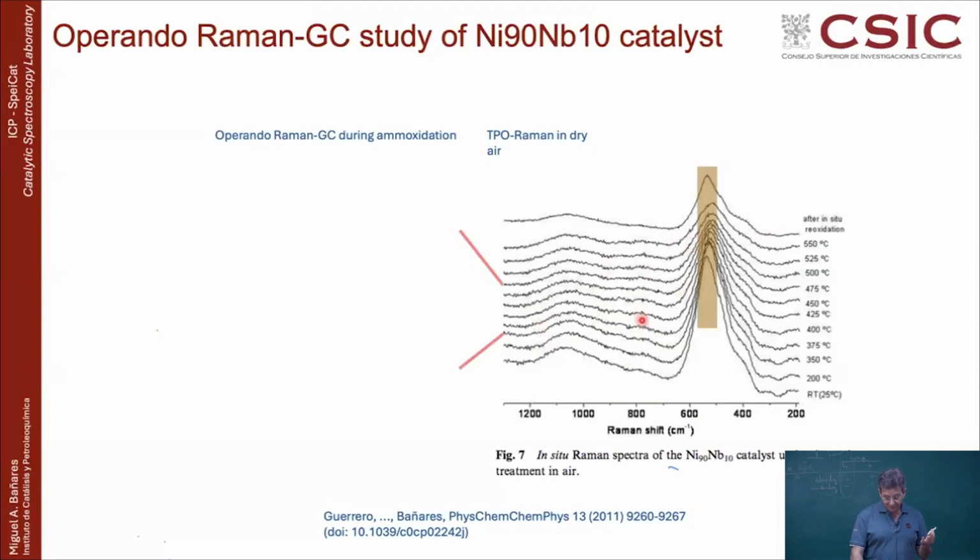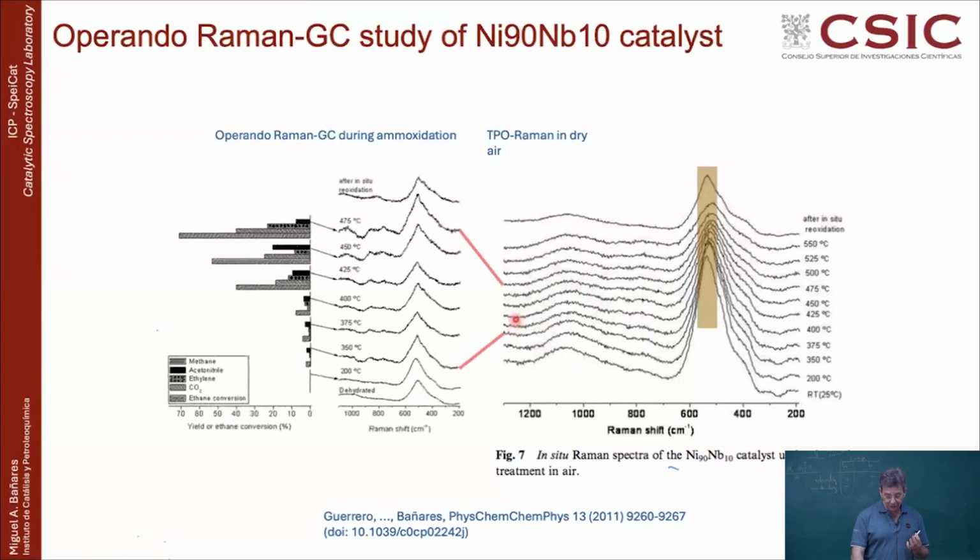But if you run the ethane ammoxidation reaction, we were doing it in this temperature interval. And during ammoxidation, things are different. You do get the nickel, of course, but you start to see the development of additional Raman bands during reaction that you didn't observe here, not even at 500 plus.